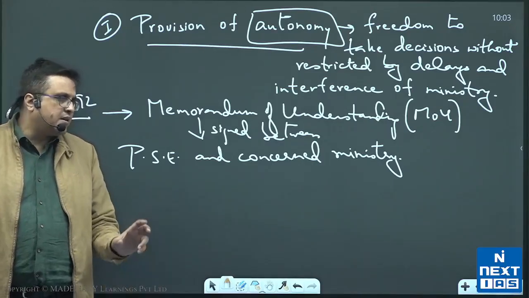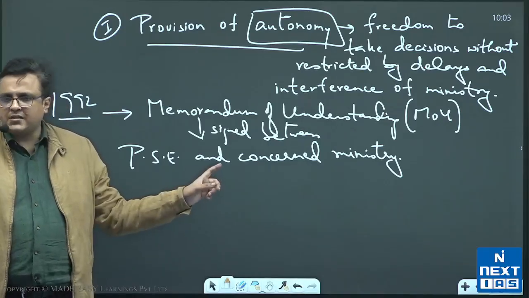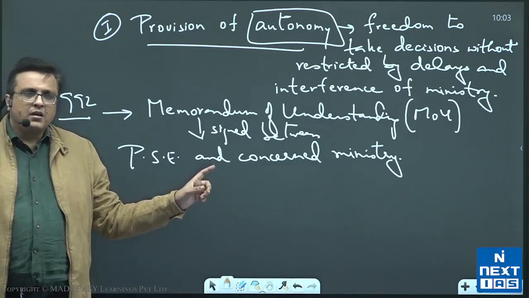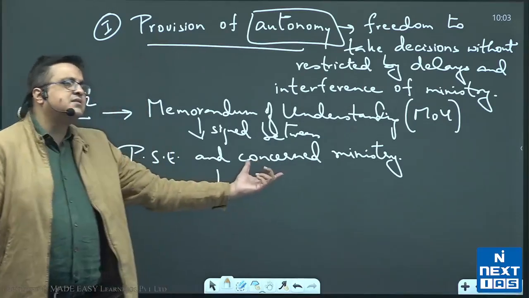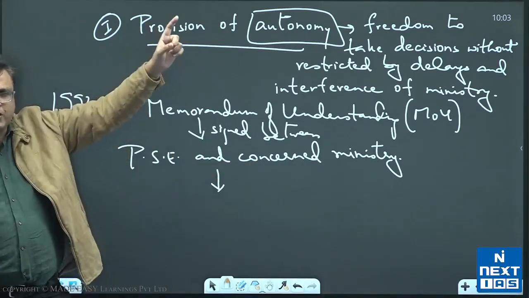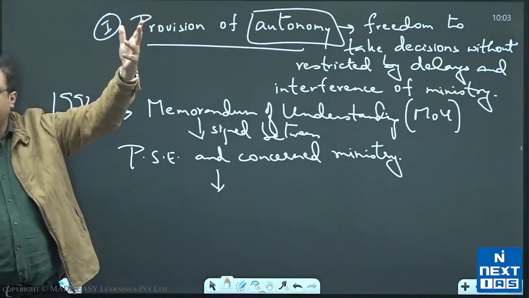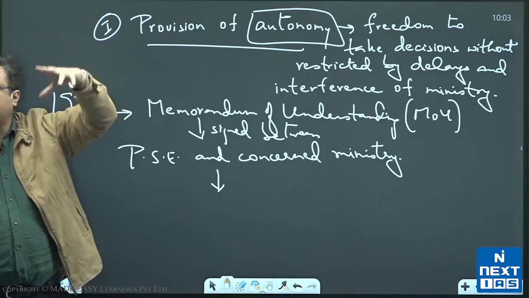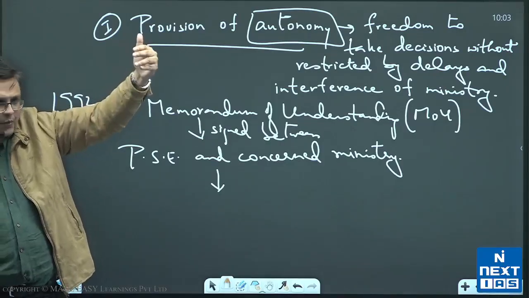All right, the public sector enterprise and concerned ministry together will sign this MOU. It will have details. When I say concerned ministry, I mean the ministry to which they are reporting. For example, Indian Oil Corporation will sign it with Ministry of Petroleum, or Steel Authority of India Limited will sign it with Ministry of Steel. You understand that? Like that. So the ministry to which they are reporting.